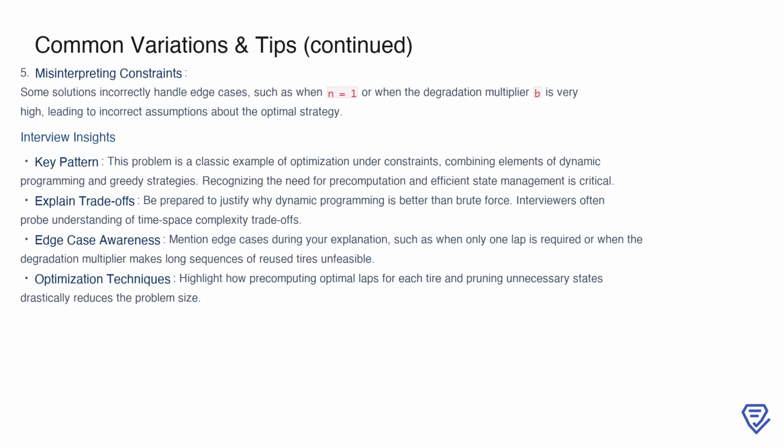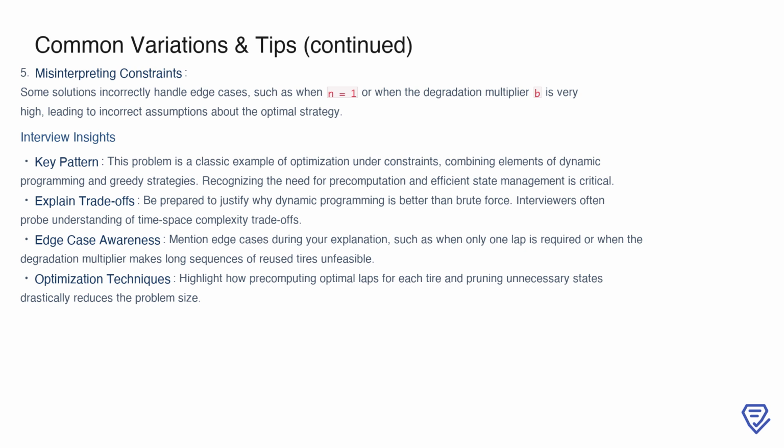From an interview perspective, this problem is a great example of optimization under constraints, blending dynamic programming with elements of greediness. Understanding how to pre-compute and manage states efficiently is a key insight that interviewers often look for. It's also important to explain why dynamic programming is superior to brute force, particularly in terms of time and space complexity trade-offs.